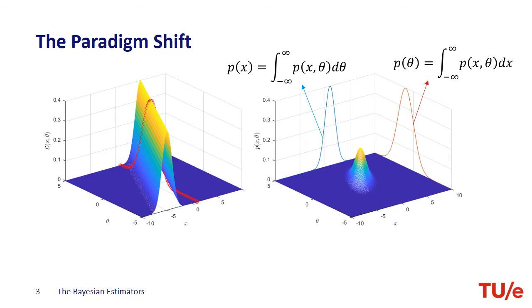Now, what does that mean? That means we are actually talking about a single point on the marginal probability Px. And that probability is used to normalize the cut through the joint probability to obtain the conditional probability P theta conditioned on x. Now, how does that work?